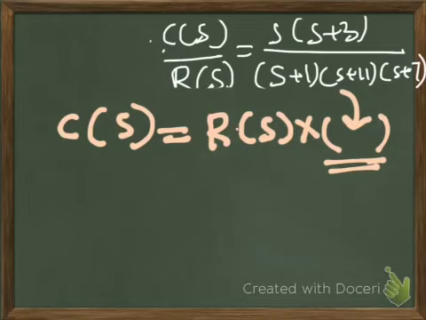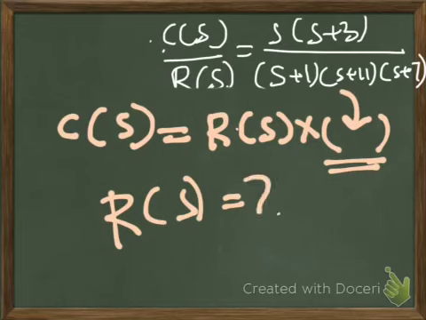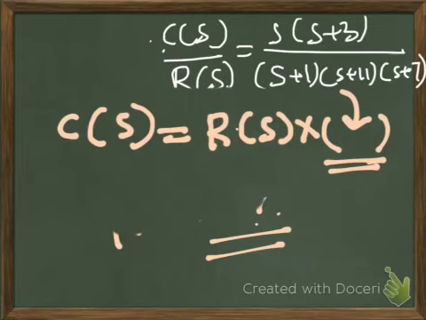So now we have C of s is equal to R of s into the whole transfer function which is mentioned above. Now what is the value of R of s? We have different time responses, that is for step response, for impulse response and for ramp response, R of s value differs.